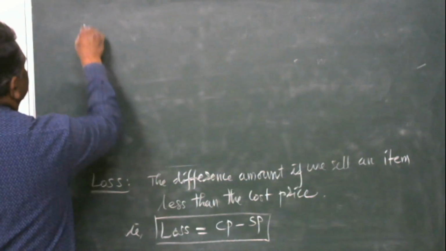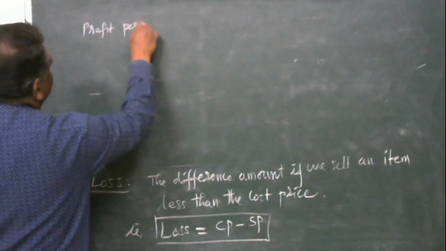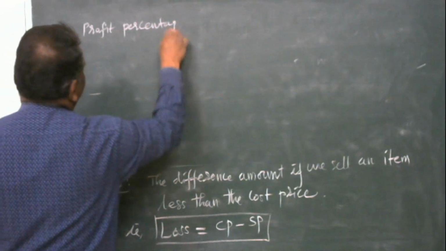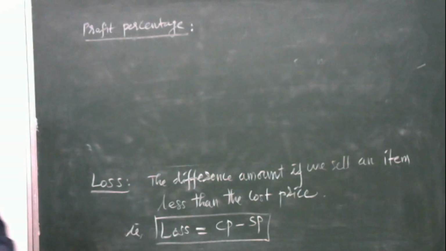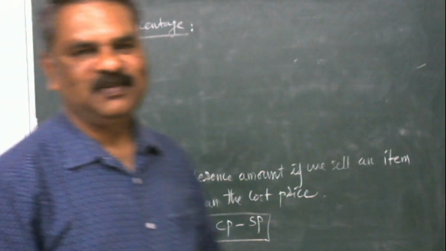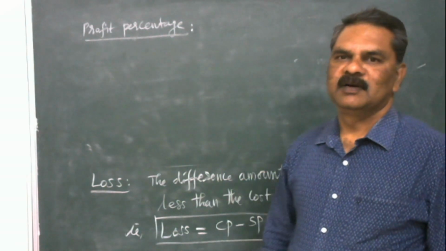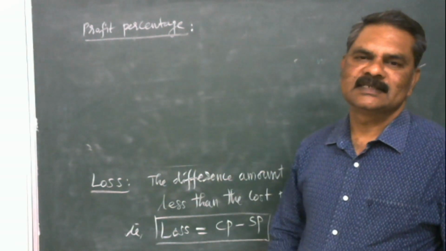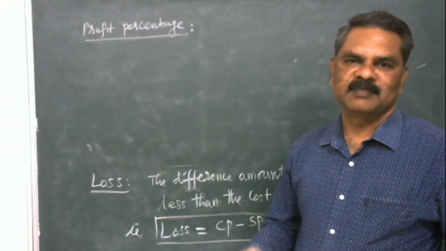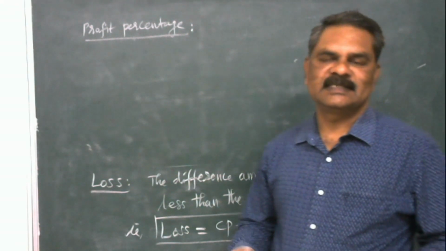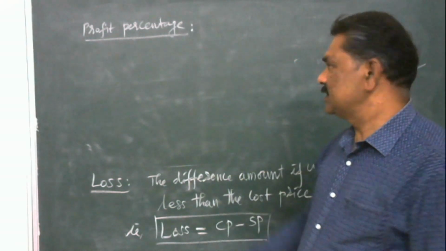Next concept is profit percentage. Again we are comparing the profit. What is profit percentage? We are comparing with the cost price. If the cost price is 100 rupees, the profit that we get is called the profit percent.